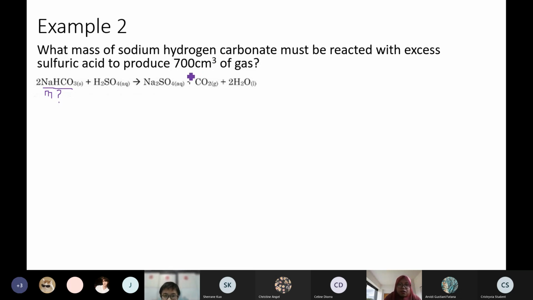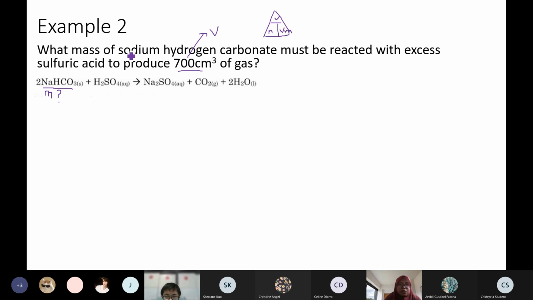The information is not from mass, the information is from centimeter cubes. This is the volume. So we have to remember the simple triangle involving mole, volume, and molar volume.